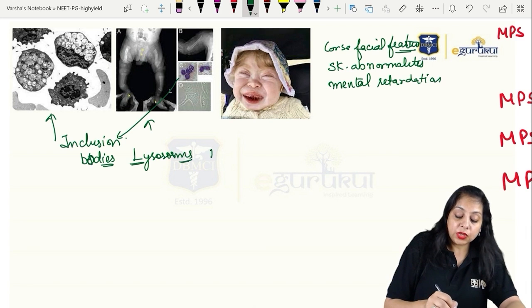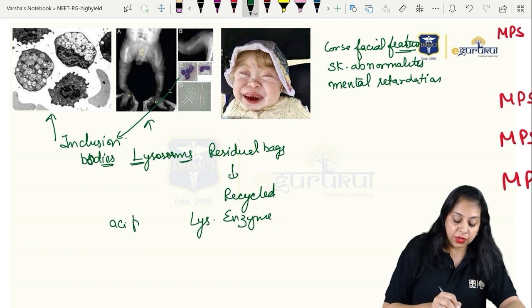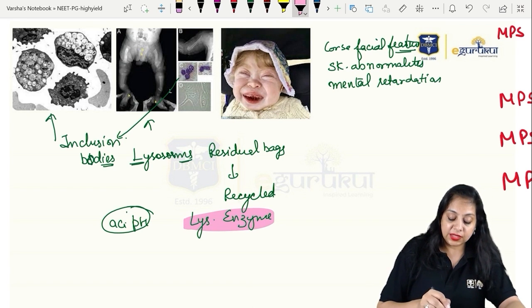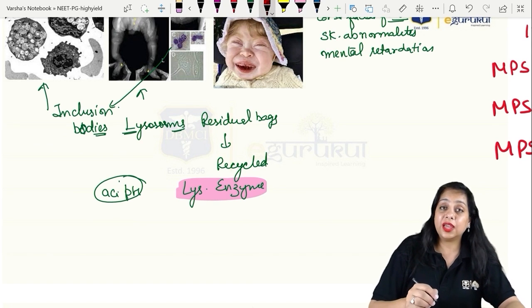Because lysosomes are the residual bags. Whatever comes in there needs to get recycled. Who is going to recycle them? Lysosomal enzymes, which work at acidic pH. What is so special about the lysosomal enzyme? After the enzymes get translated, they undergo modifications.